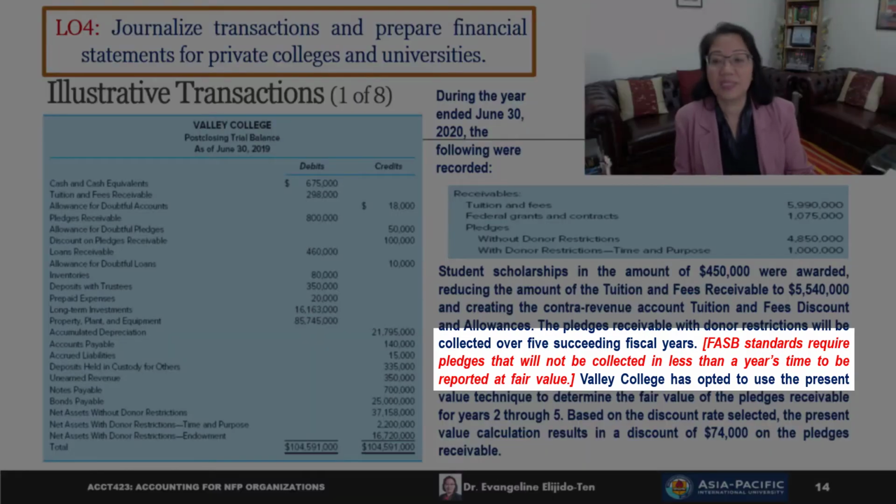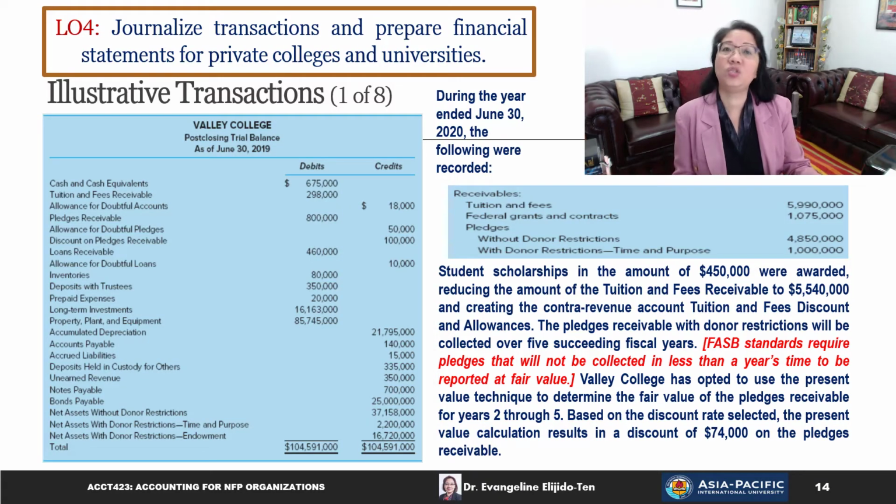Now, FASB standards require that pledges that will not be collected in less than a year's time be reported at fair value. We've mentioned this too in topic 12. Now, Valley College has opted to use the present value technique to determine the fair value of the pledges receivable for years 2 through 5.